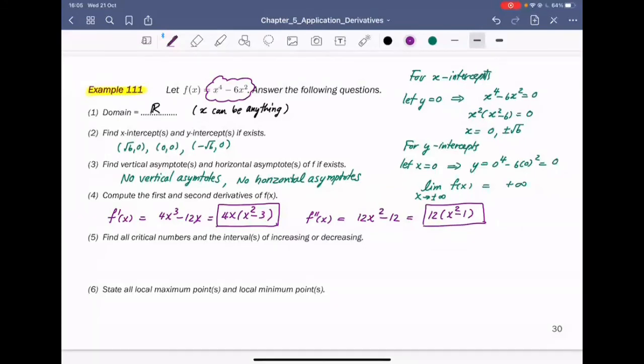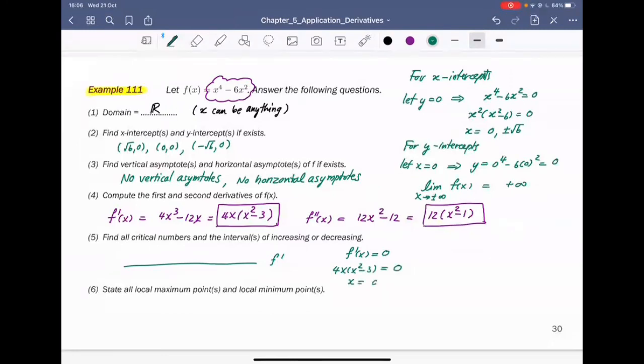So for question number 5, I want you to find the critical numbers and the intervals of increasing and decreasing. If you look at the behavior of f prime, you can see that our critical numbers are the points where f prime of x equals 0, which means 4x times (x squared minus 3) equals 0.